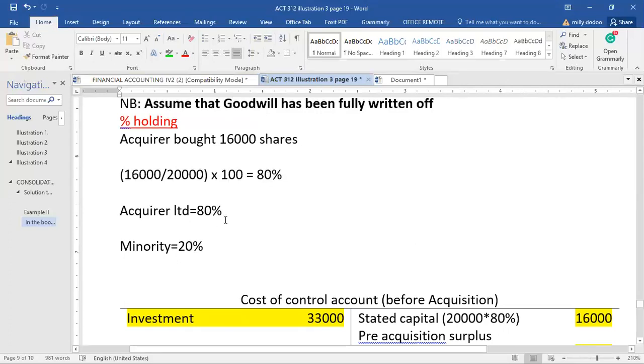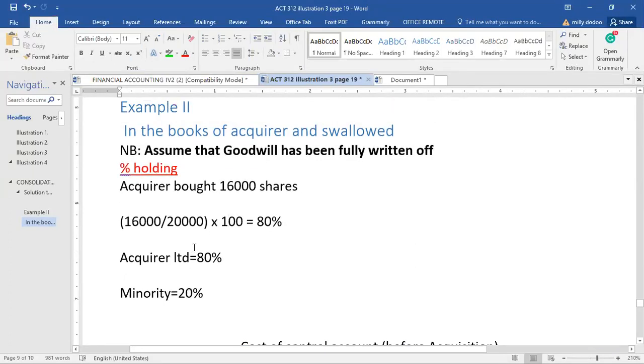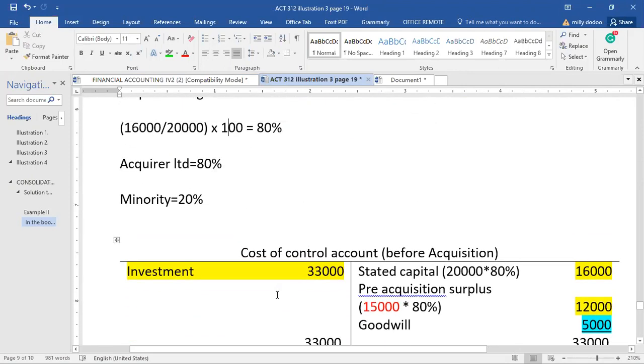Therefore, Acquirer is having 80%, and minority will be having 20%. So once you get your percentage holding, straight away you go and prepare your cost of control.